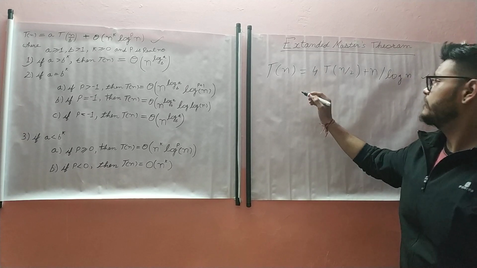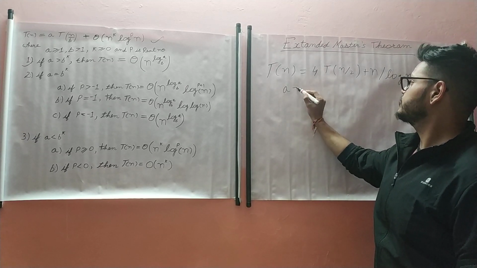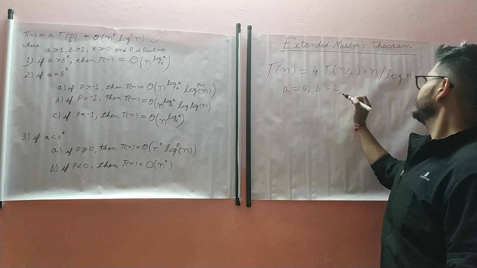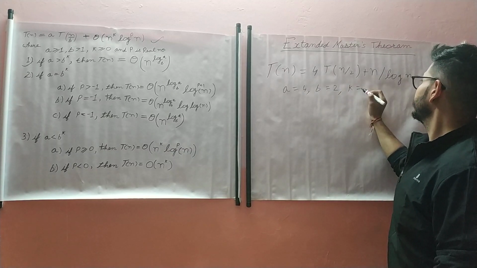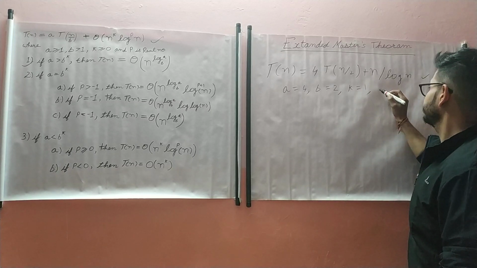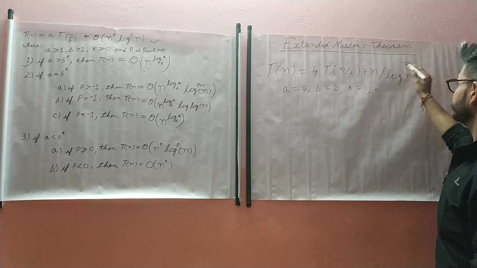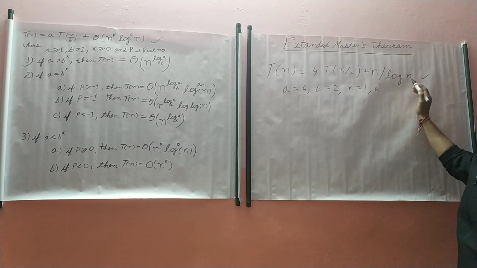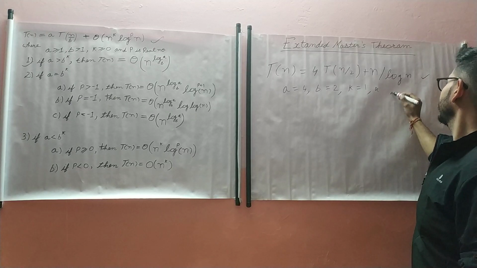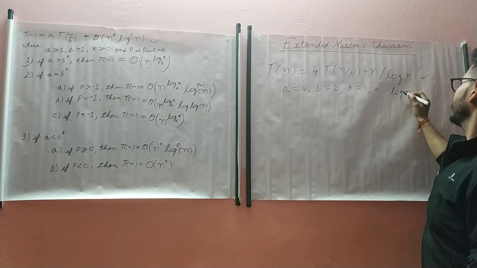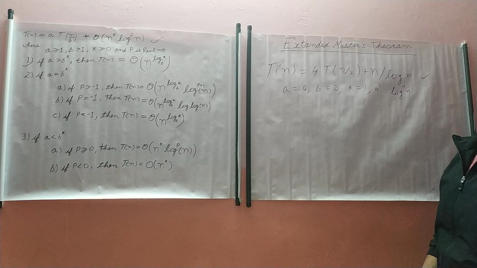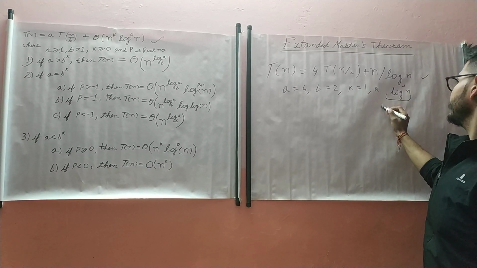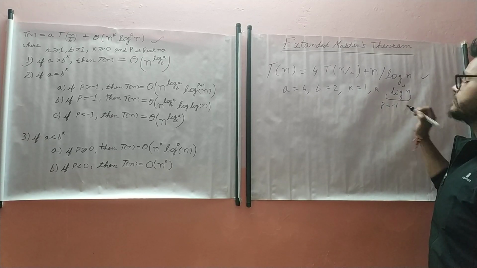So we come to know that a = 4, b = 2, k = 1, and n divided by log n can be written as n log^(-1) n. So comparing this, we can say that p = -1.